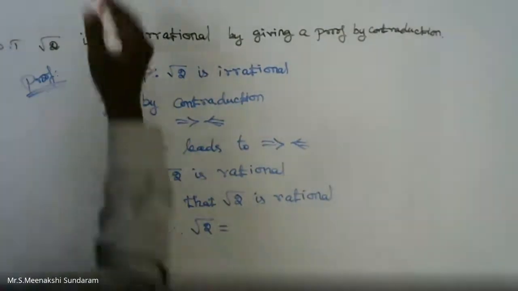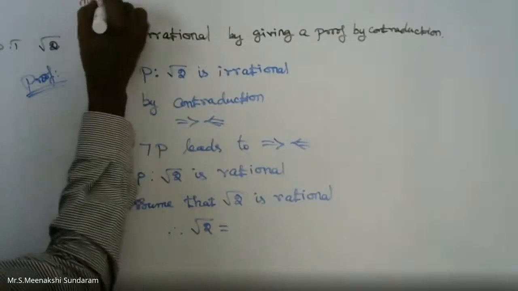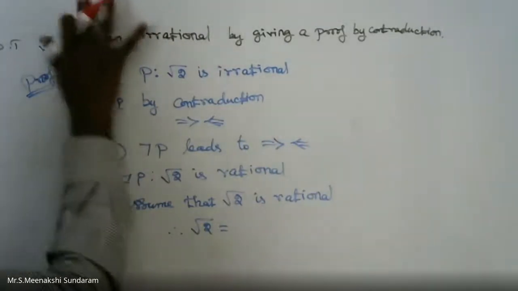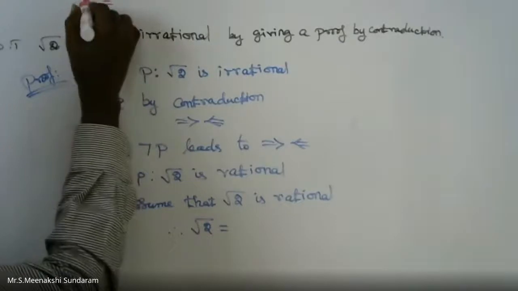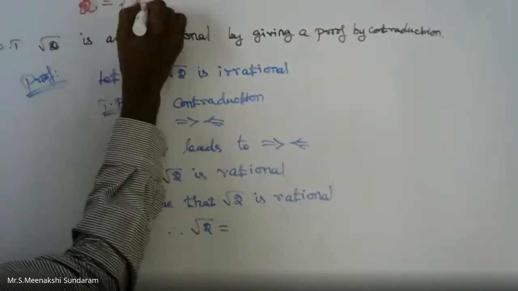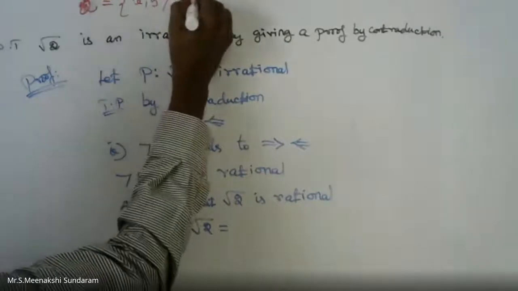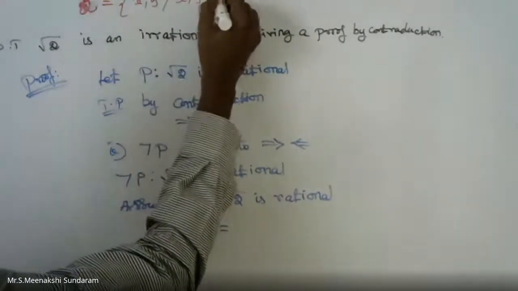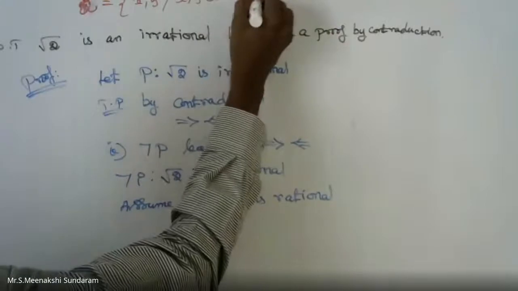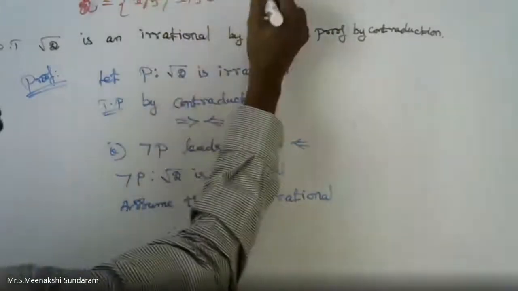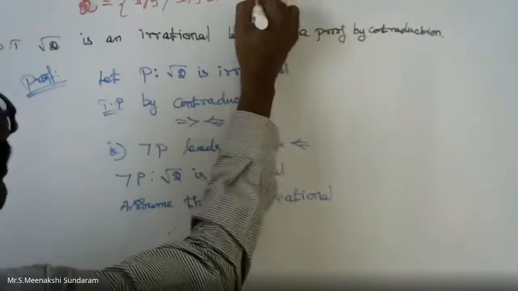You can write at the top: rational numbers, the symbol is Q. The set of all p by q such that p, q belong to integers and q not equal to 0.